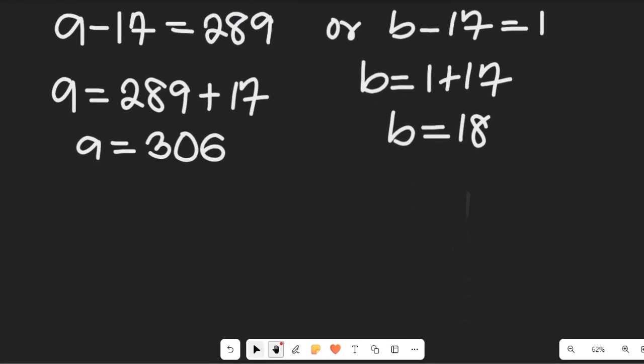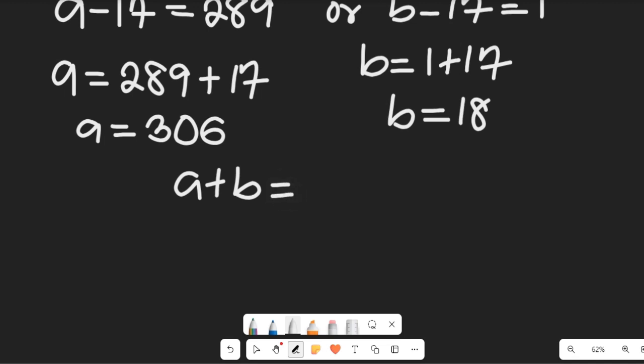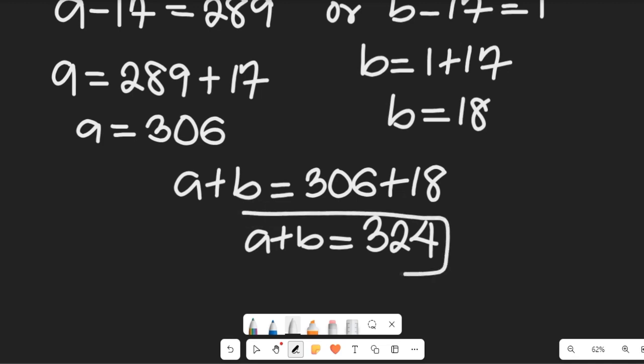Now considering these two expressions, A plus B will be equal to 306 plus 18, and then A plus B will be equal to 324, just like we have in the first case.